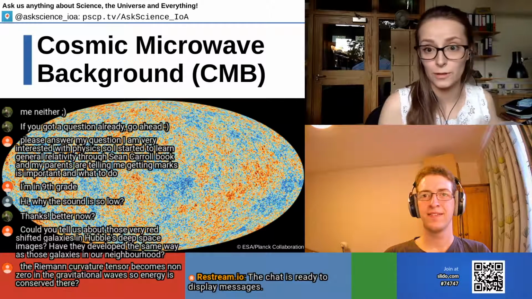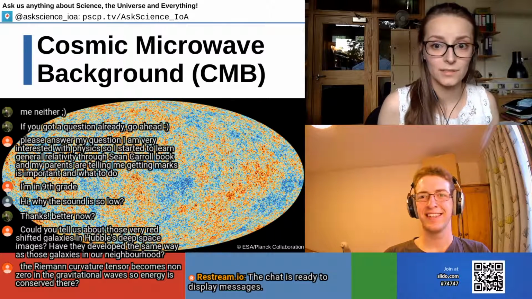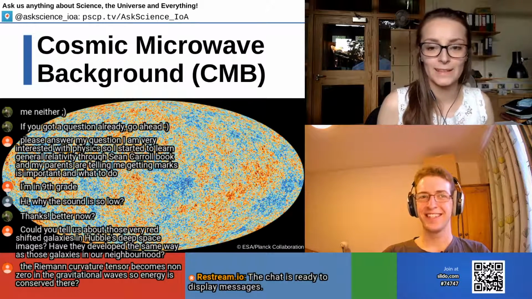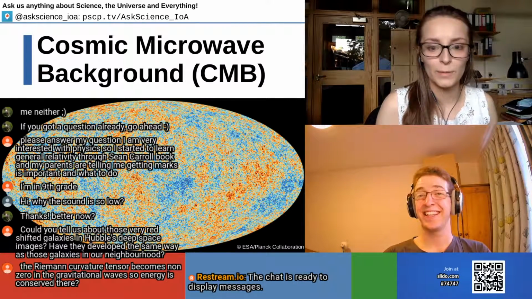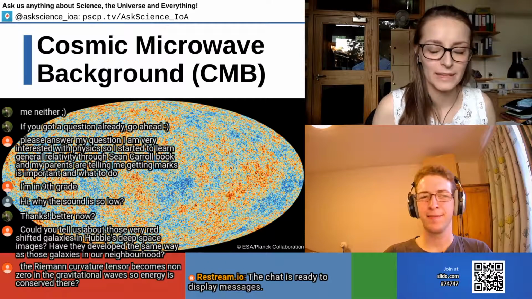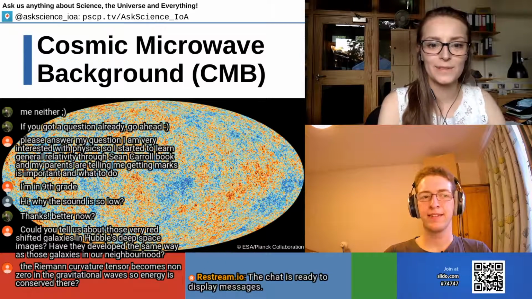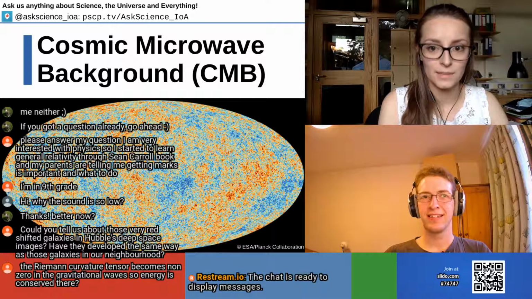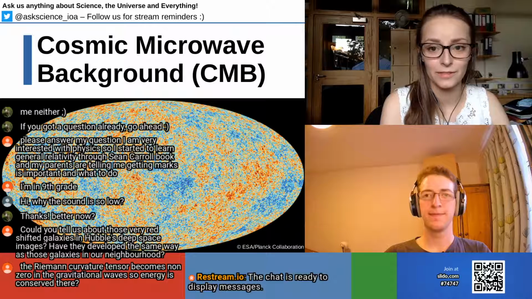Basically, if your cosmological model predicts that the universe is younger than these oldest objects, well, then it's probably not very good. Yeah, that doesn't make any sense, right? Yeah. There were actually a couple of cosmological models that failed because these oldest galaxies were older than the entire universe that they predicted.